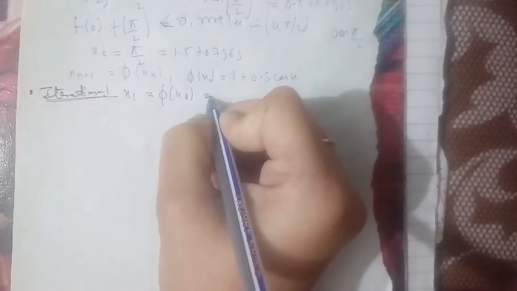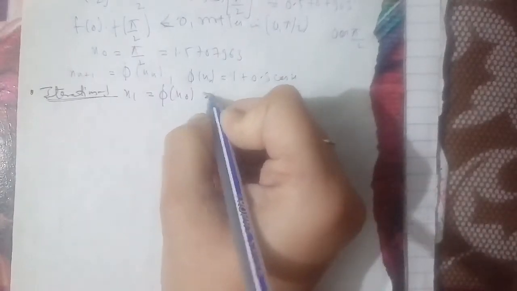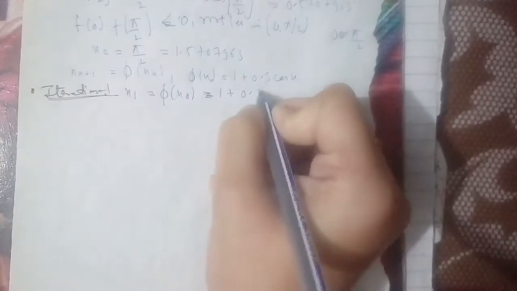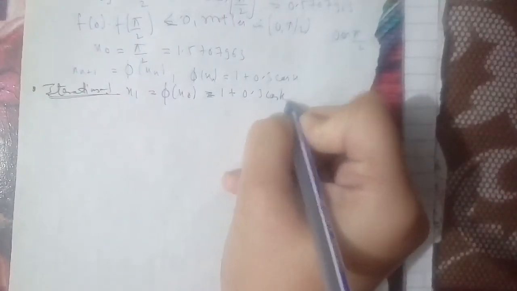Iteration 1: x1 is equals to phi(x0), that is equals to 1 plus 0.3 cos x0, equals to 1 plus 0.3 cos 1.570796, that has been equals to 1.